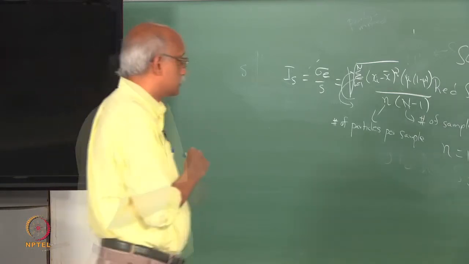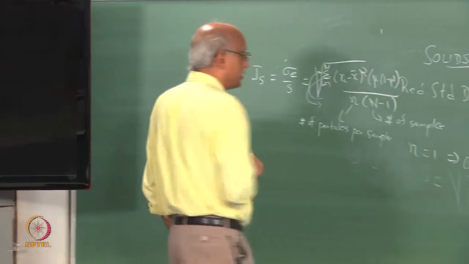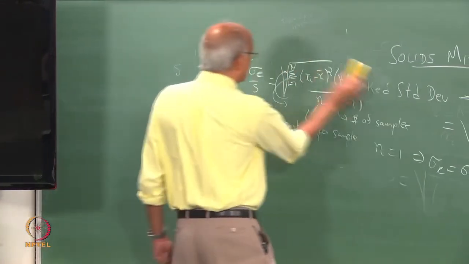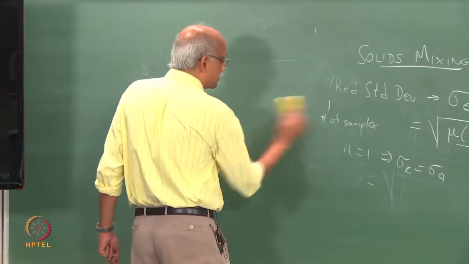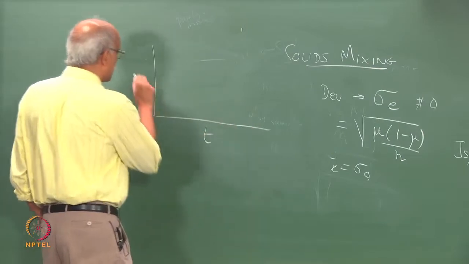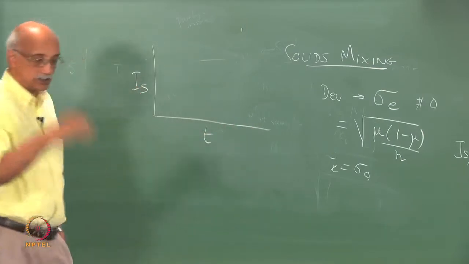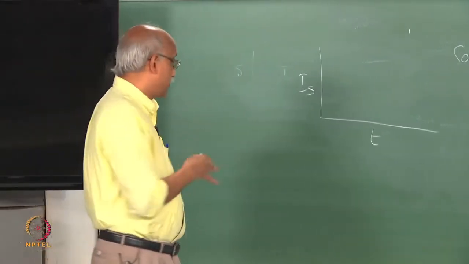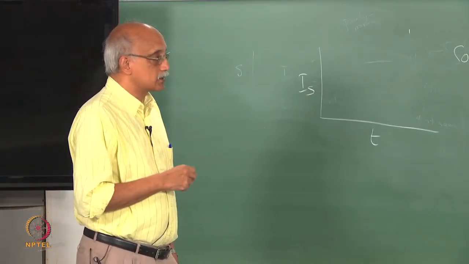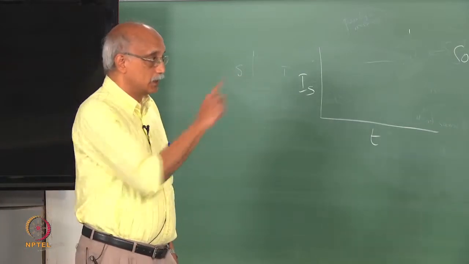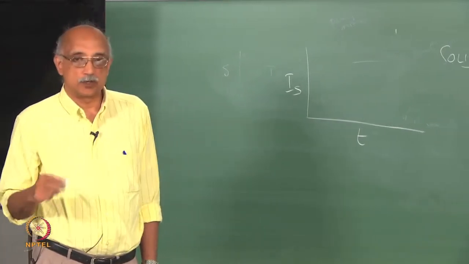In the case of mixing of solids, if you plot the same thing, if you plot T versus I_S, let us say that this is a tumbling mixer and you are mixing sand and salt. Okay. If you plot T versus I_S, do you think it will have the same characteristics as for a paste, or do you think it will be different?